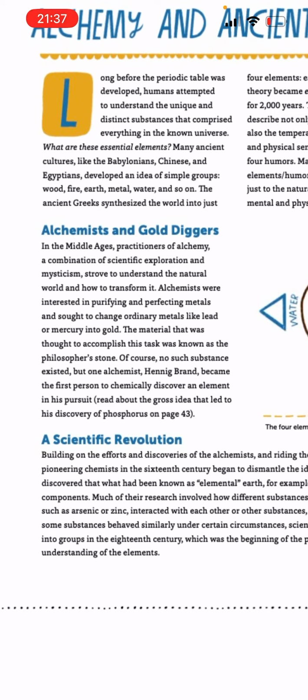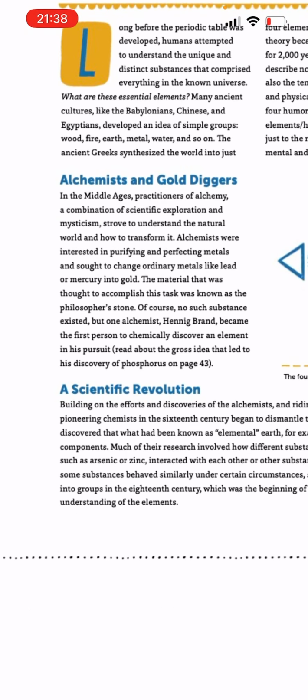The material that was thought to accomplish the task was known as the philosopher's stone. Of course, no such substance existed, but one alchemist, Hildebrand, became the first person to chemically discover an element in his pursuit. Read about the gross idea that led to his discovery of phosphorus on page 43.